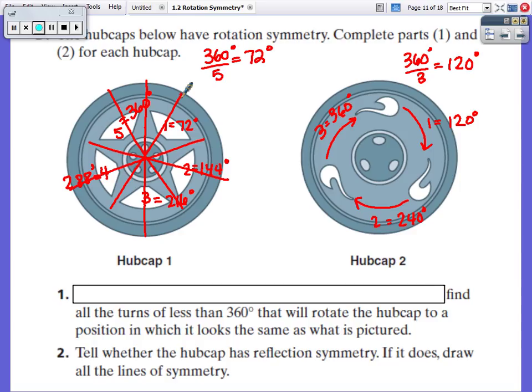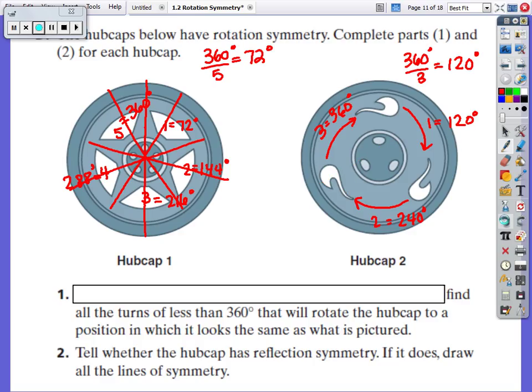Okay? And then over here, if we were to draw a line of symmetry, we wouldn't really have one, because these figures here are not symmetric, and so even if we draw a line through it here, this is not going to fold exactly on top of this, and this is not going to fold exactly on top of this. So for the second one here, there is no reflection symmetry.